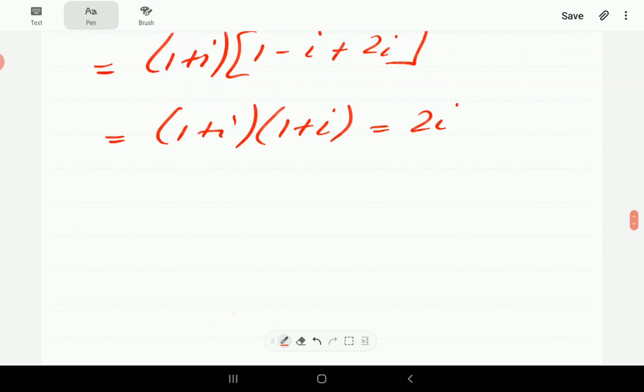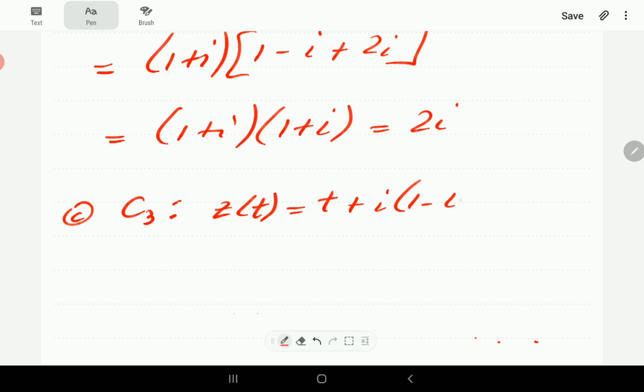Now let's go to C3. C3 is a parabola defined by a parametric equation. z of t is equal to t plus i(1 minus t squared), and we are told that t varies from 0 to -1.